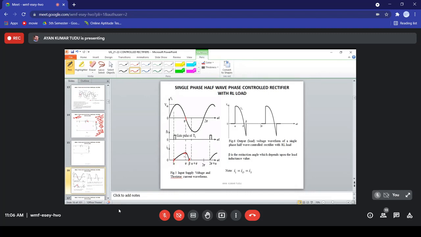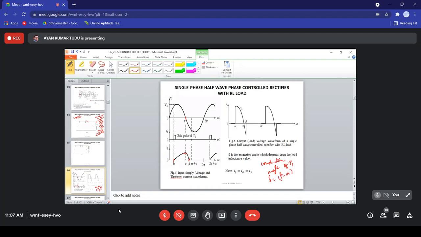So the conduction angle of T1, that is delta, would be beta minus alpha.